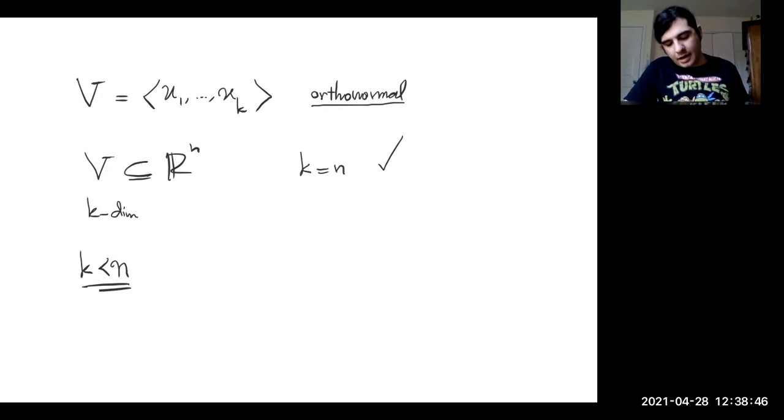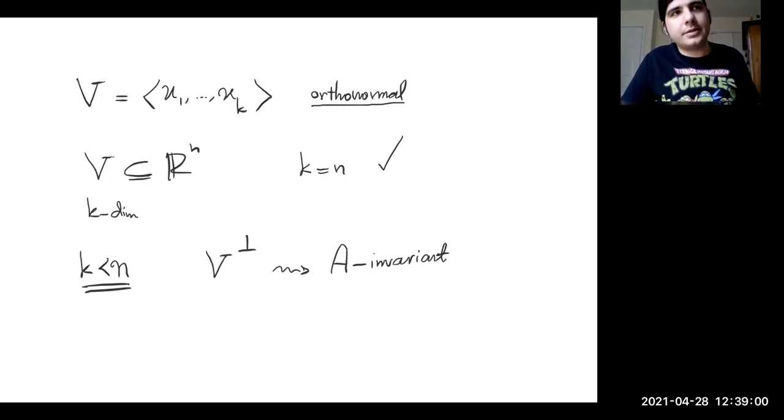The point is that I can look at the normal space V perp, and the lemma we proved is that this space is A invariant.